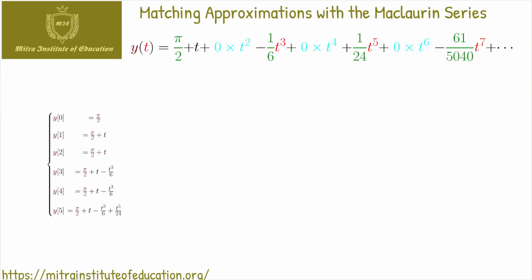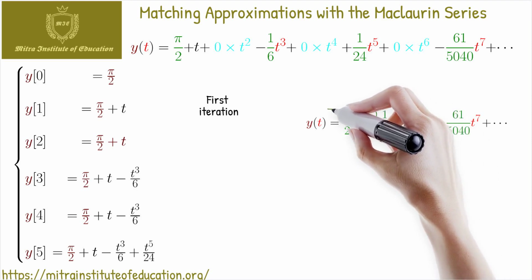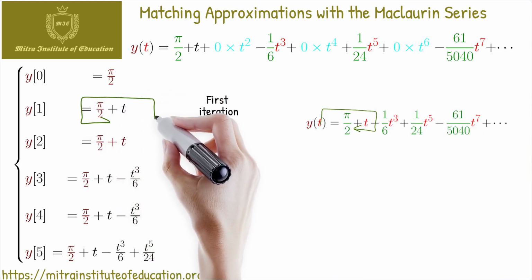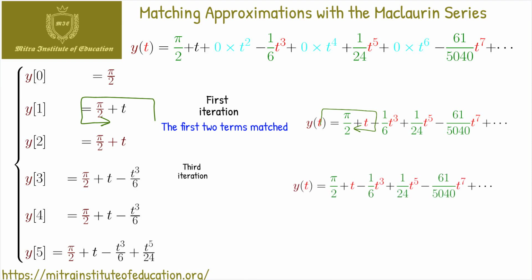Now, we compare our approximated solution with the Maclaurin series and notice something interesting. The nth approximation matches the first n plus 1 terms of the Maclaurin series, showing that our method is progressively improving and getting closer to the exact solution.